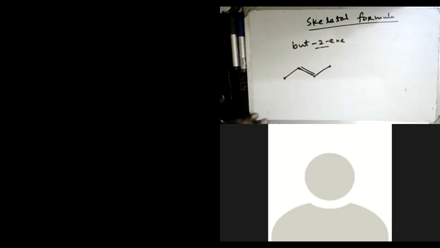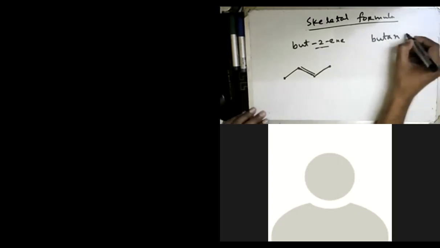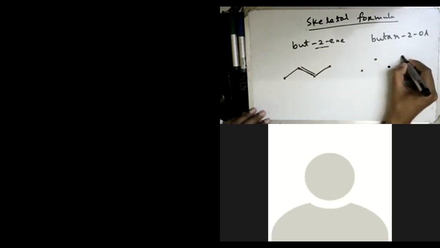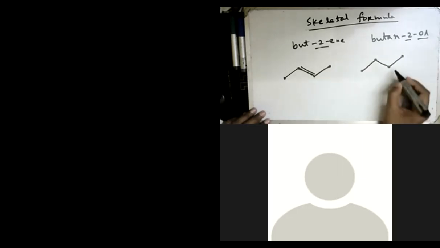Got it? In the same way, if we draw butan-2-ol, what would it be? First you need to draw the butane. There are 4 carbons, 1, 2, 3, 4. This is butane, and 2-ol means with the second carbon there is an OH group. So here you have to write OH.